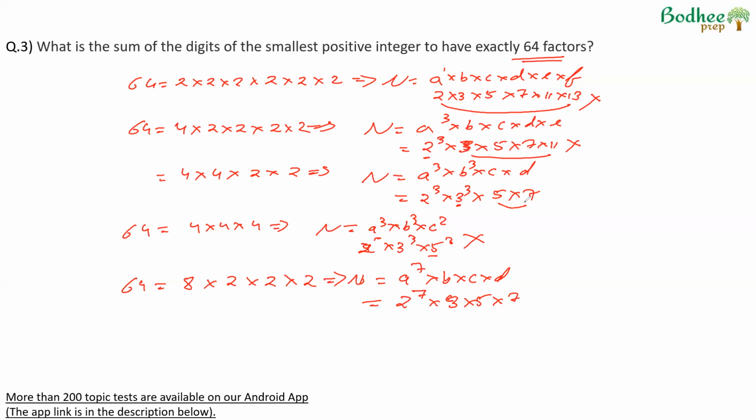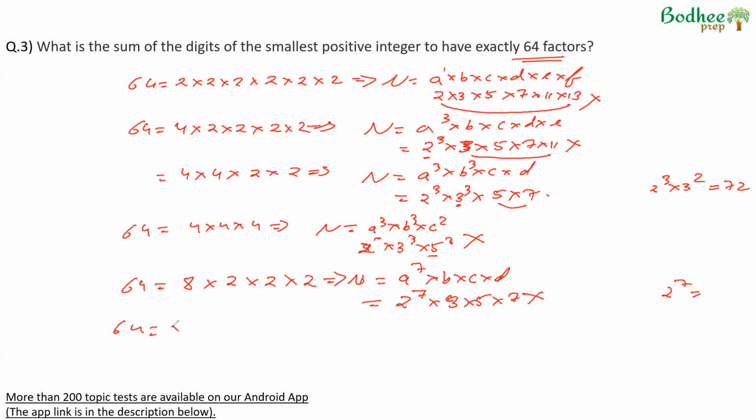If we compare this number and 2 cube into 3 cube into 5 into 7, 5 into 7 is common. We have 2 cube into 3 square extra, which is 8 nines are 72. And here we have 2 raised to power 7, which is greater than 72, so this is a greater number.